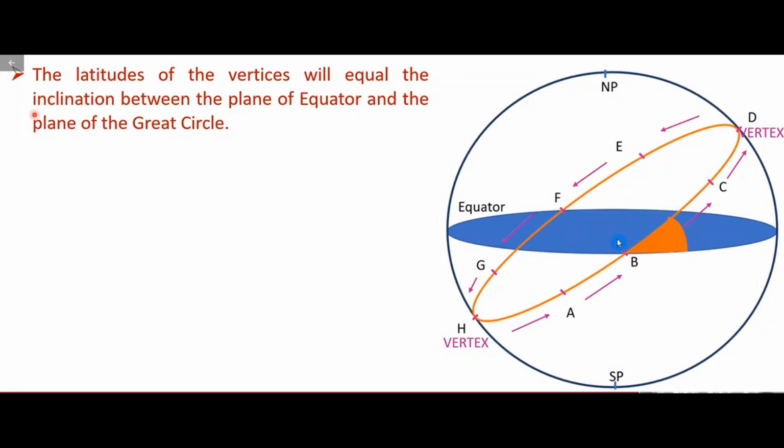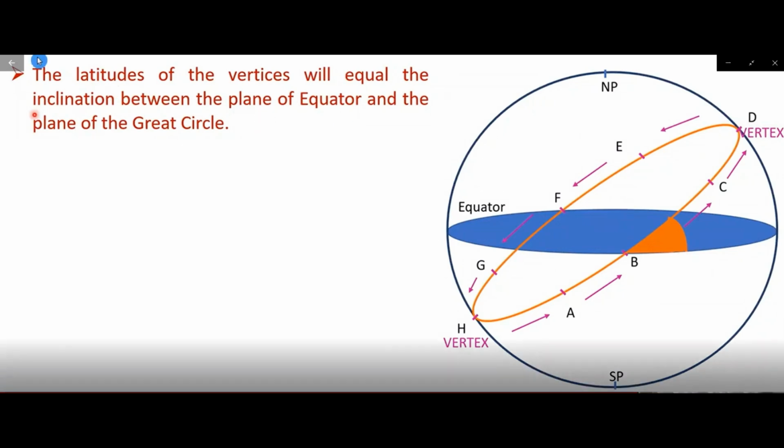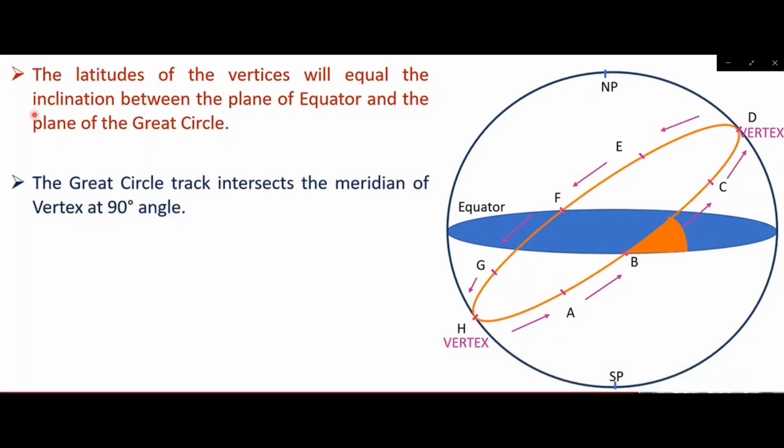Let's proceed ahead now. The great circle track intersects the meridian of the vertex at 90 degrees angle. This issue has already been addressed when we inferred that the course of the vessel at the vertices would be east or west, or the great circle track shall be east or west at the vertices.